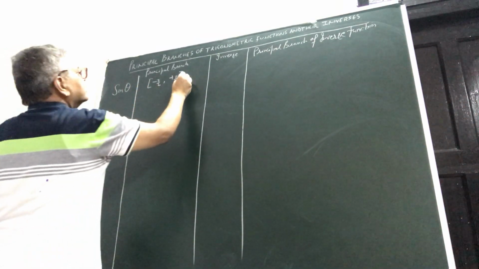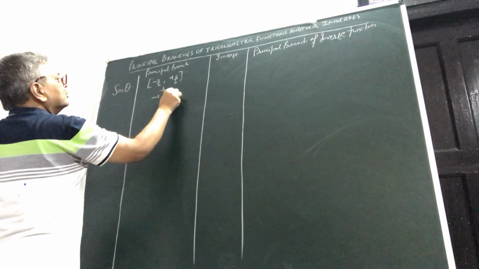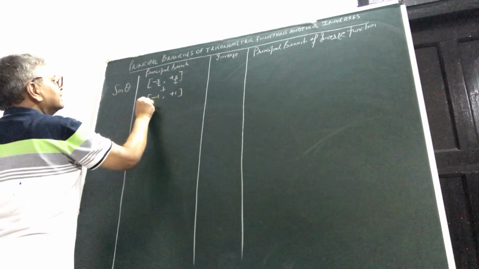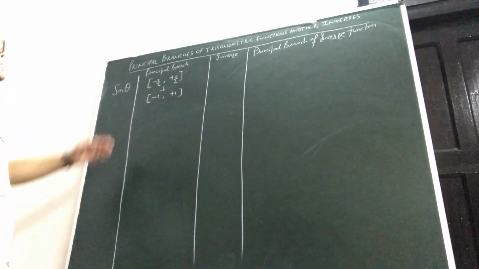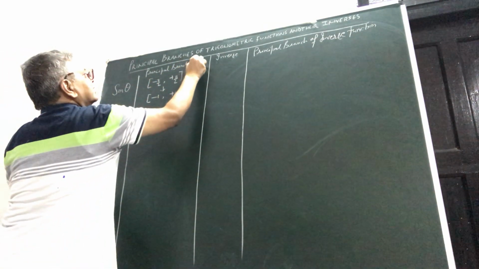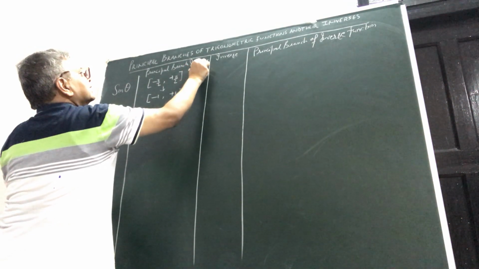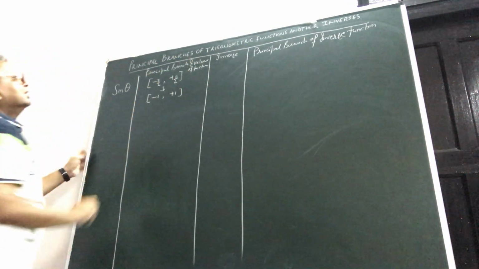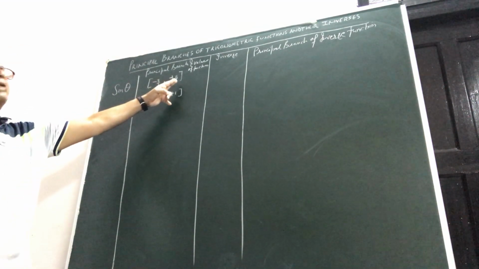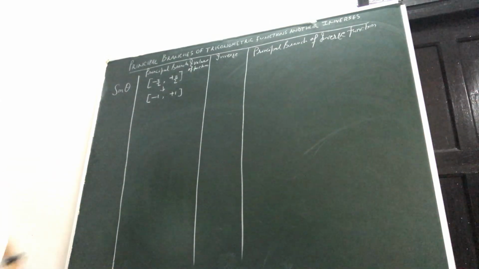So as you go from minus pi by 2 to pi by 2, the values of sine theta will go from -1 to +1.